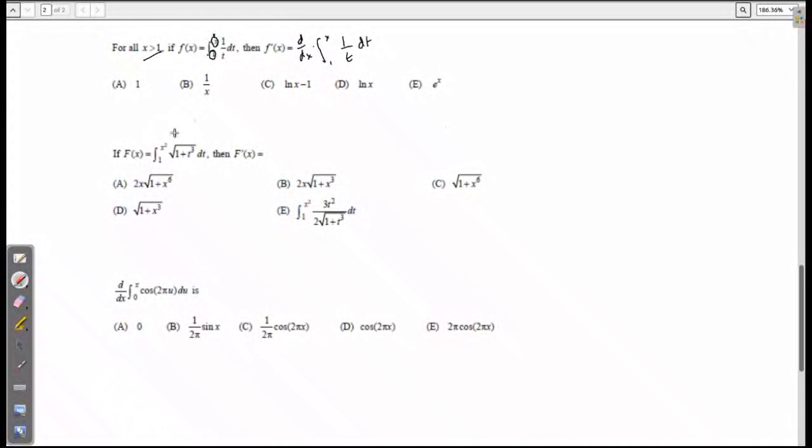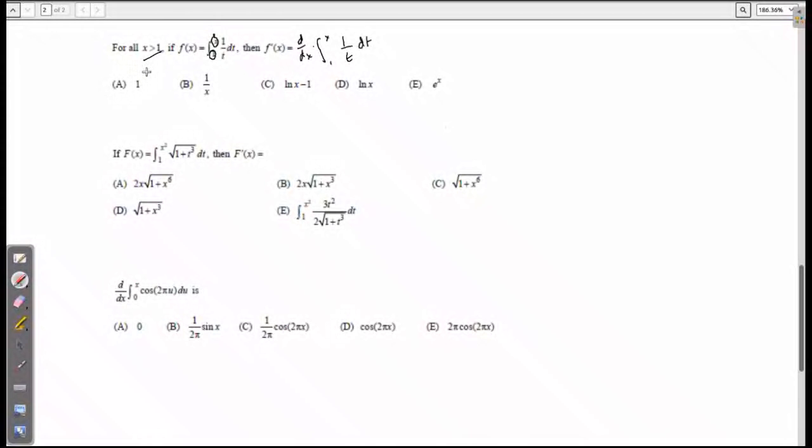But the other reason is the antiderivative of this actually ends up being natural log, and substituting values that are negative into natural log could be troublesome.